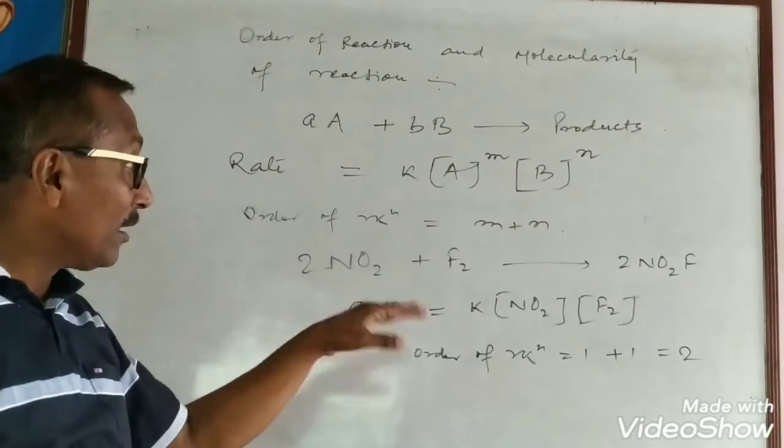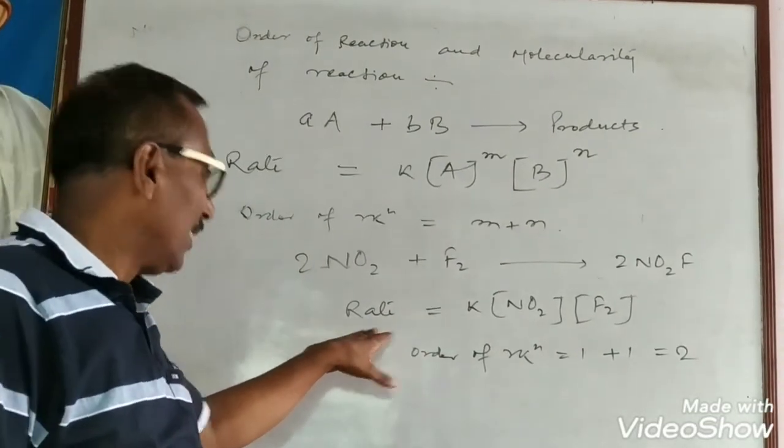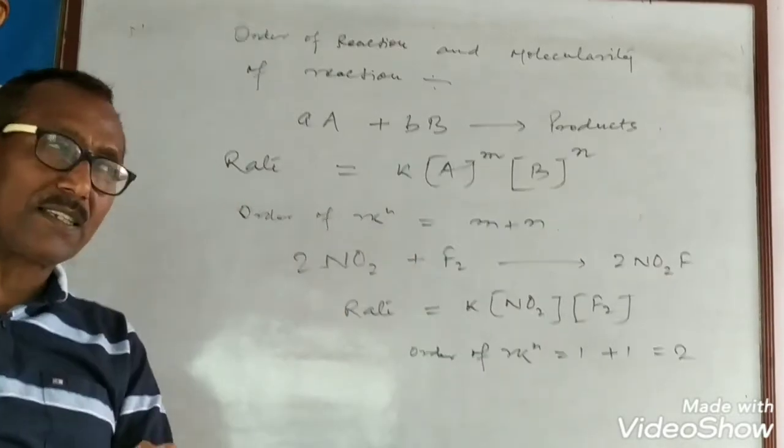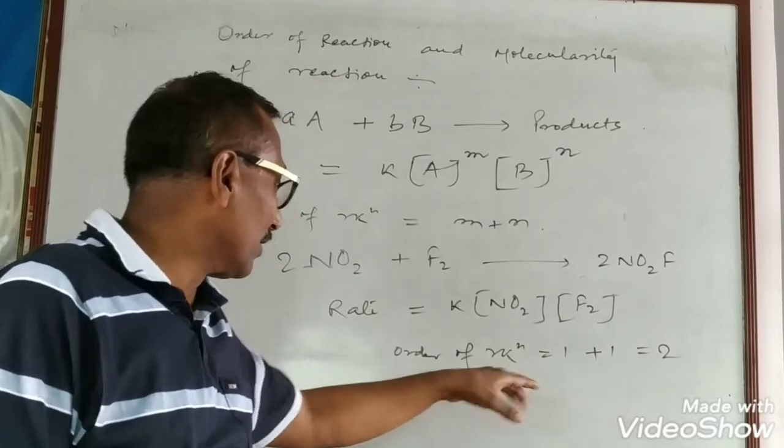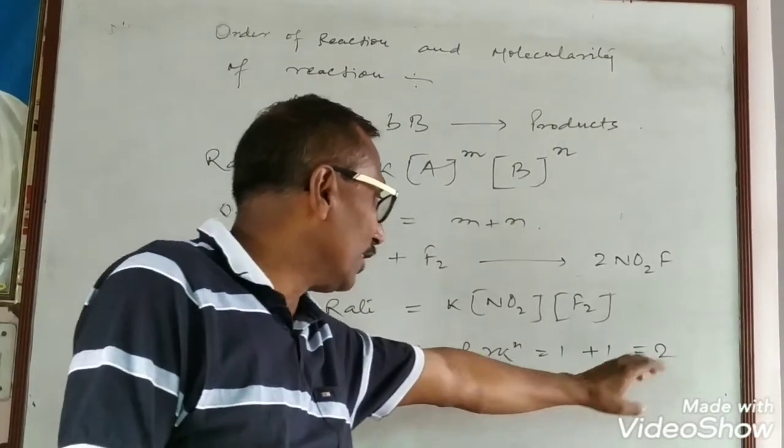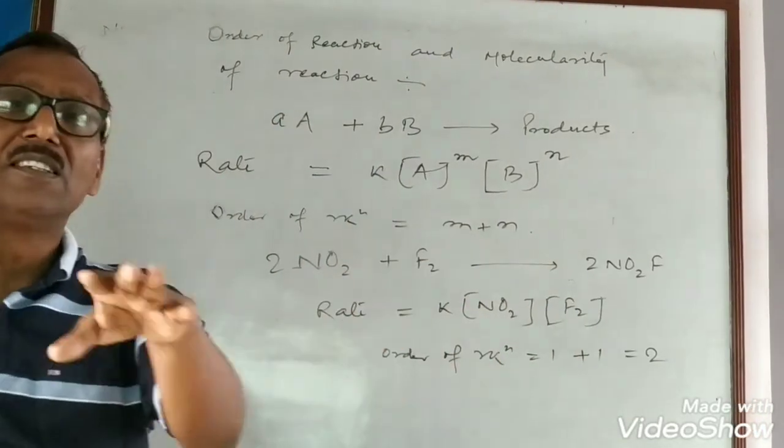The experimental part of the rate equation gives us exactly the idea of order of reaction. So here the order of reaction is 2 but not 3.